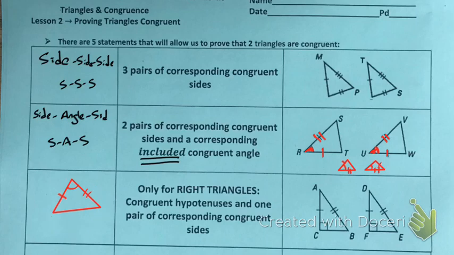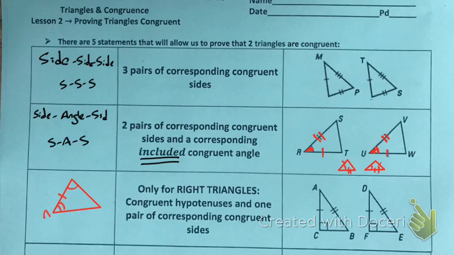Because notice, if I went that direction, I'd be skipping this angle, I'd be skipping this side, and I'd also be skipping this angle. You can never skip an angle and a side consecutively. If I'm going to skip an angle, I have to talk about the next side. If I'm going to skip a side, I have to talk about the next angle. So this one would read ASA.